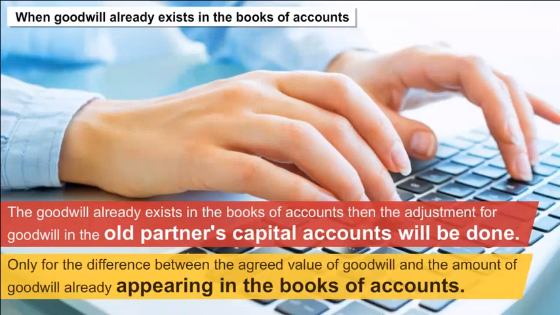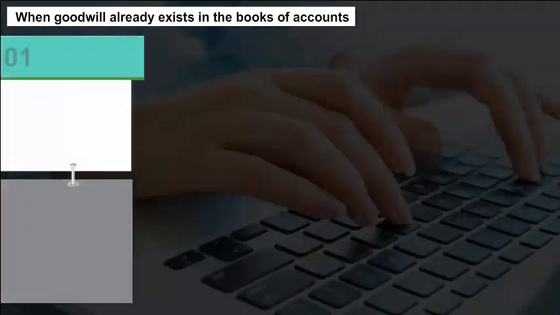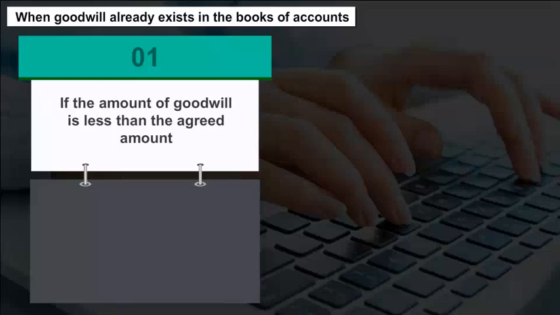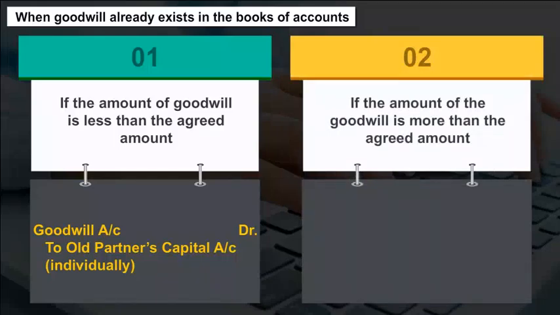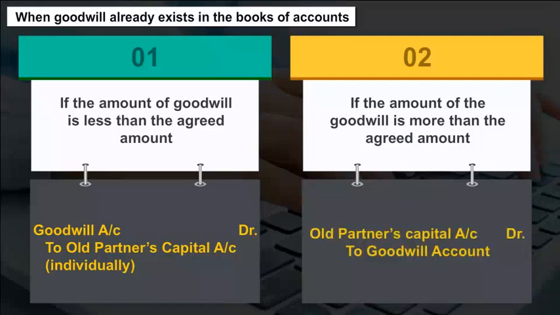There may be two conditions of journal entry. If the amount of goodwill is less than the agreed amount, goodwill account debit to old partners' capital accounts. If the amount of goodwill is more than the agreed amount, old partners' capital accounts debit to goodwill account.